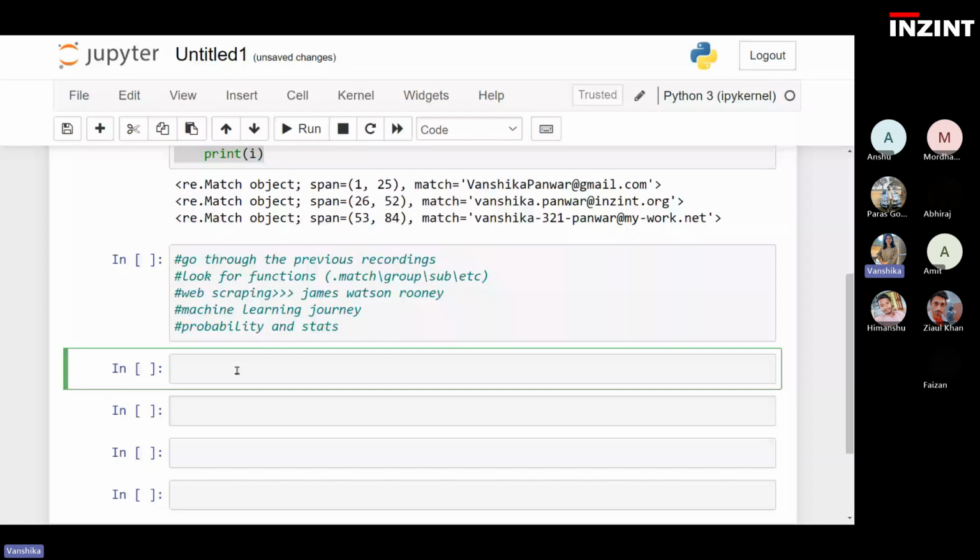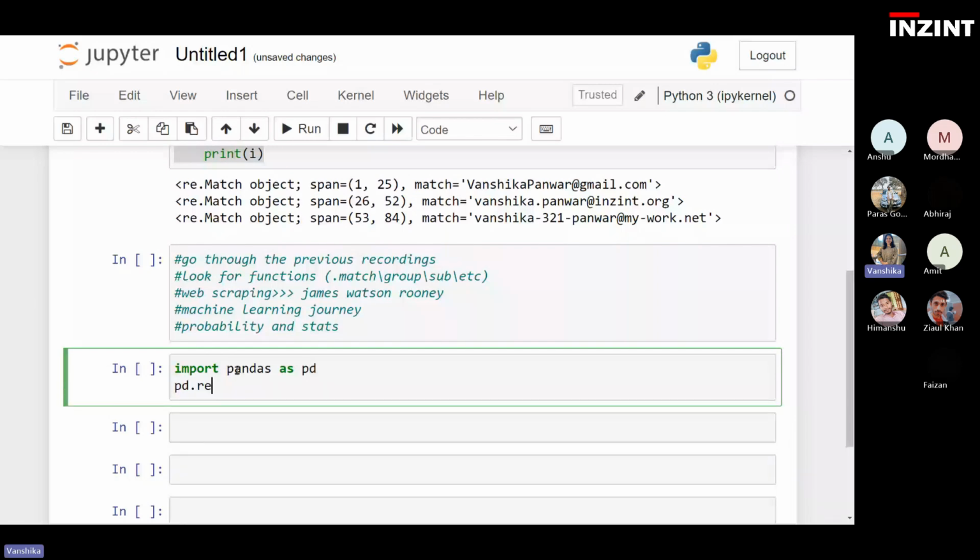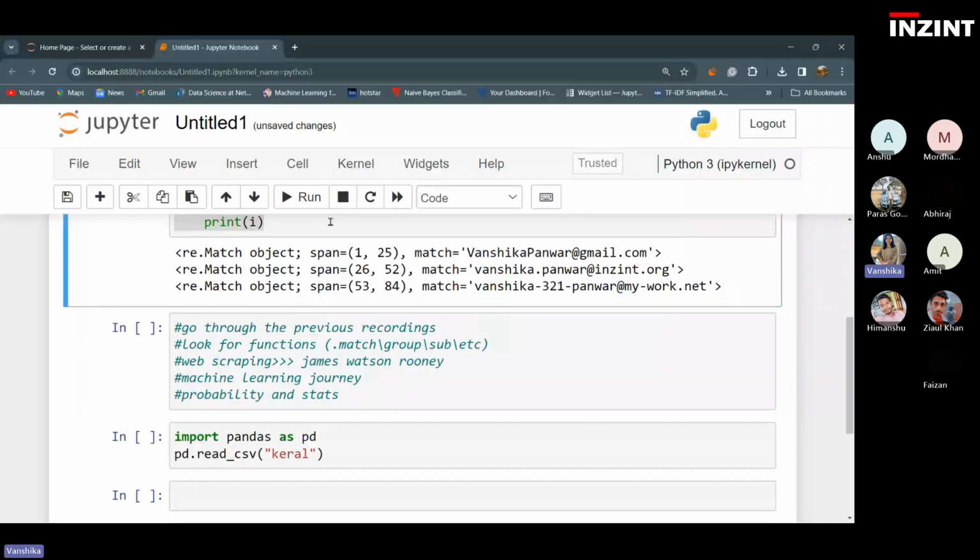So I'm importing pandas and I am going to read this CSV file. The name of the CSV file is Kerala. Let me just check the name once.